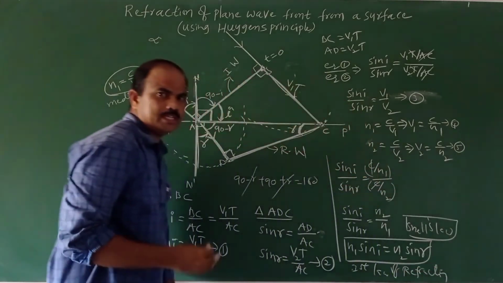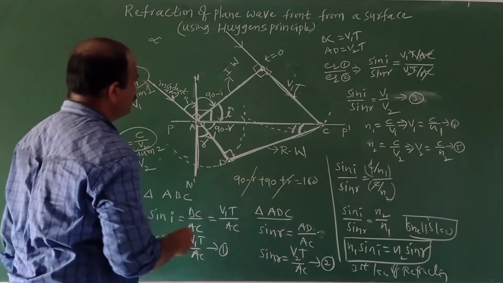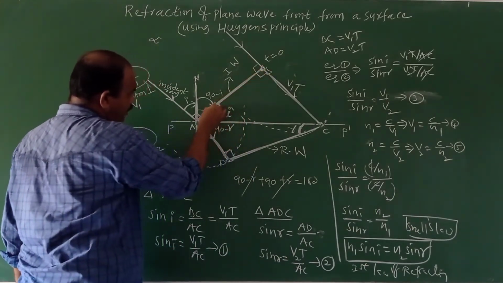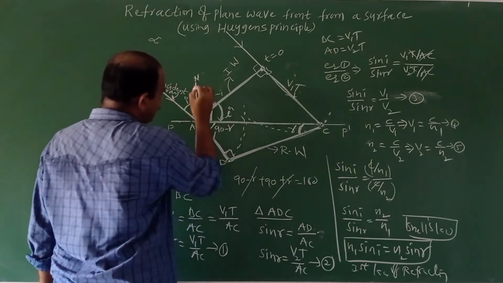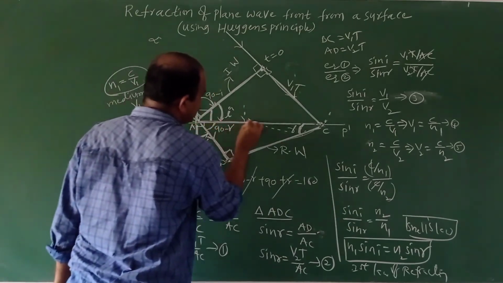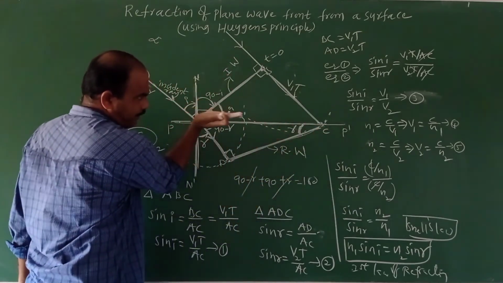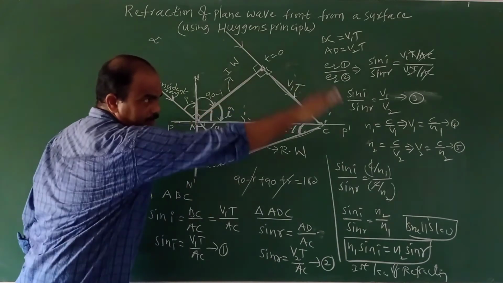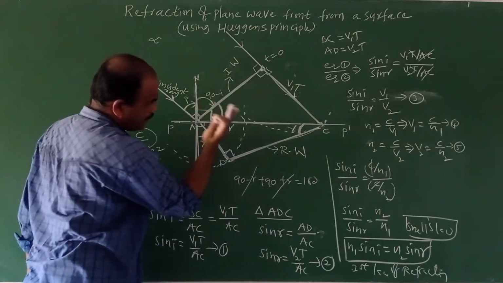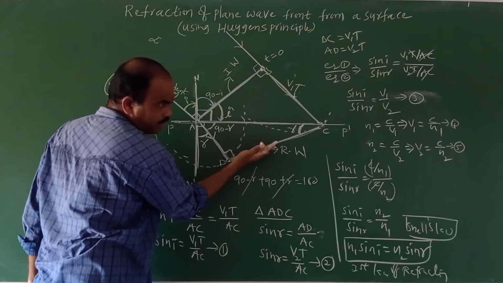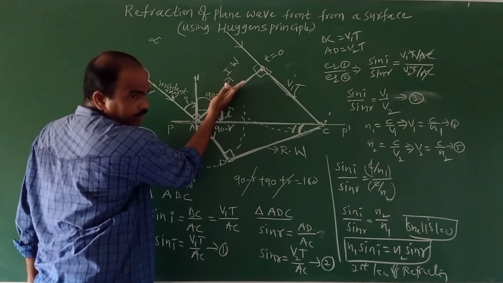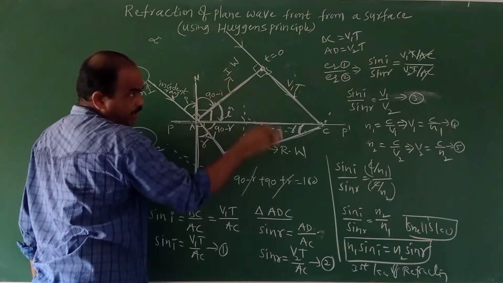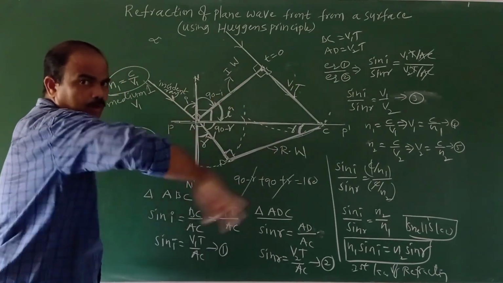Coming to the second law of refraction. Now this is the incident wavefront, this is the refracted wavefront, and this is the surface. This surface is normal to this board, and this refracted wave is also normal to the board, and this incident wavefront is also normal to the board plane.